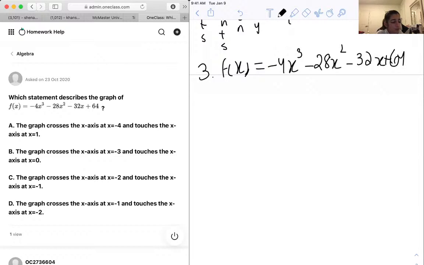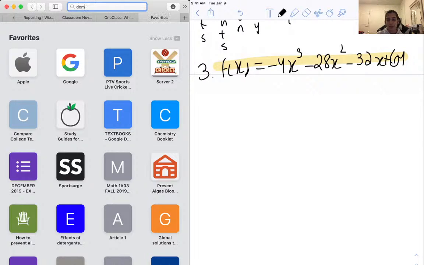And that is our equation. There are two ways of solving this. The first one is graphing it, or putting it into a graphing calculator. So we're just going to do that.